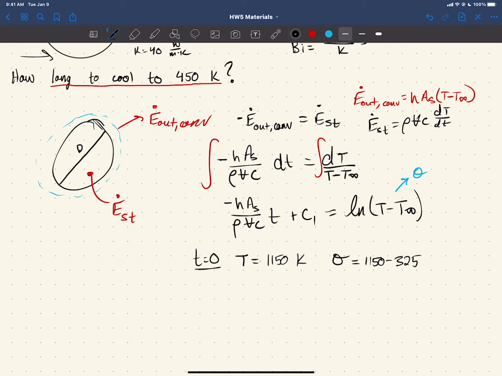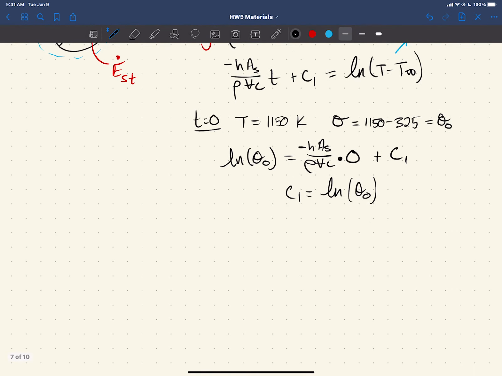That makes it more concise to work going forward. So really what we're saying is ln of theta naught is equal to all that stuff times 0 plus C1. So C1 is ln of theta naught.